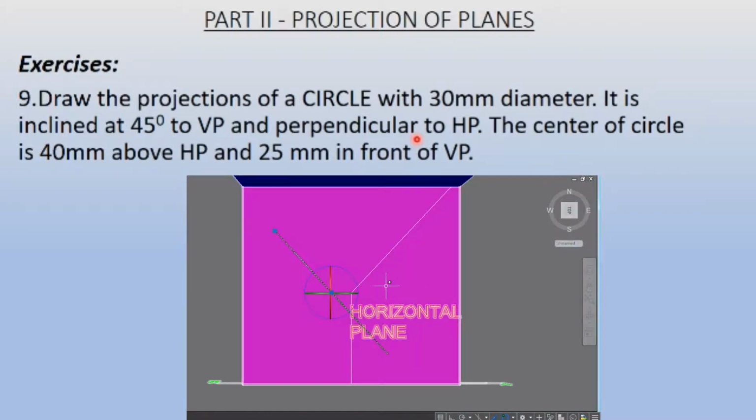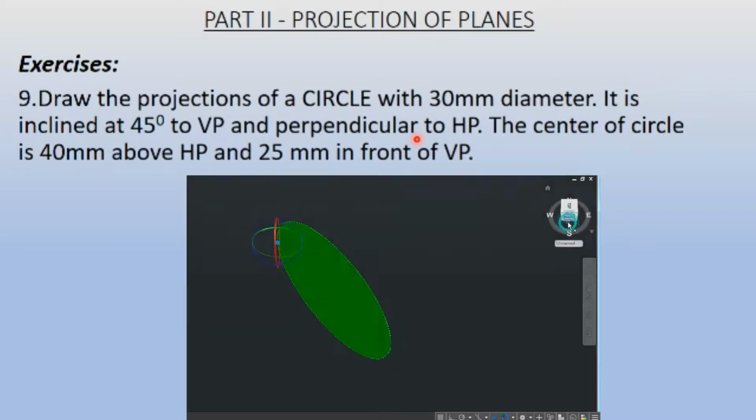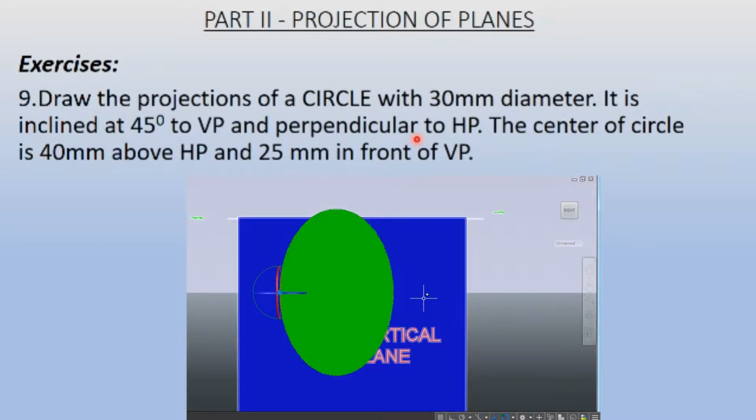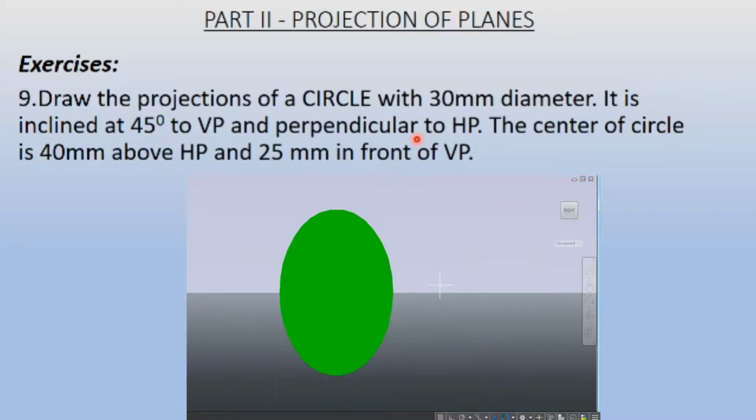But when you view from the top, this line which was a straight line earlier, now it's appearing at an inclination angle. And the front view will be very interesting here. You see that there will be a portion of a circle, but now it will appear as an ellipse. Yes, you see that.